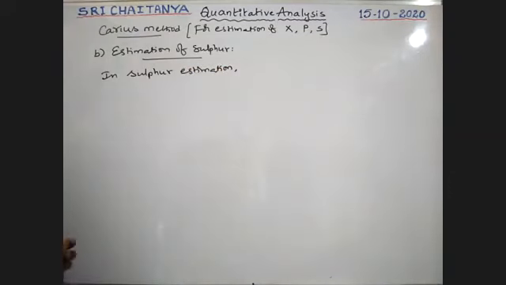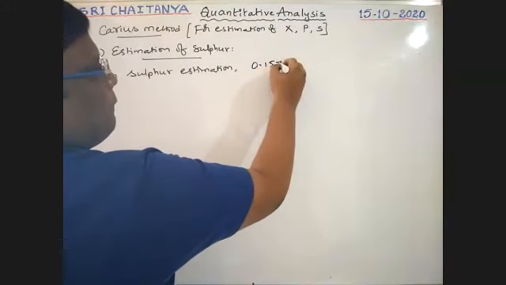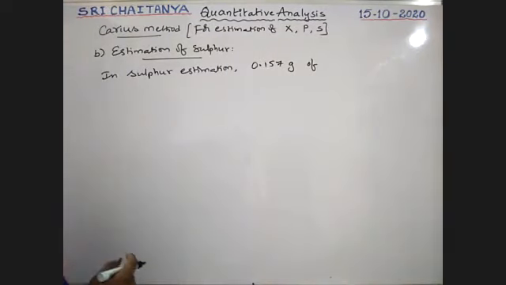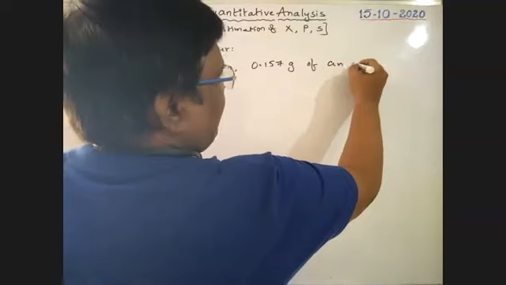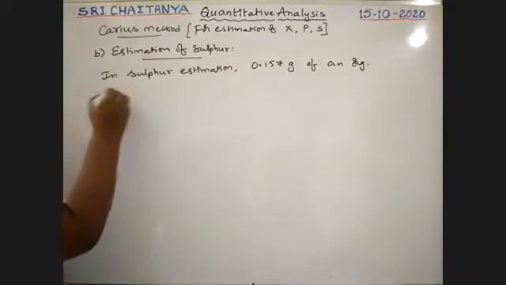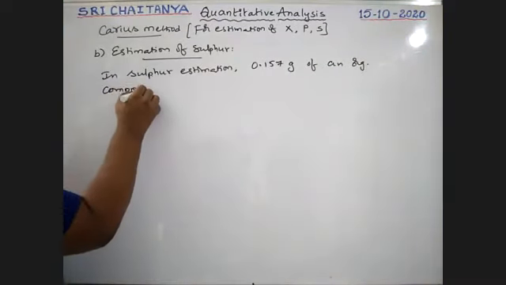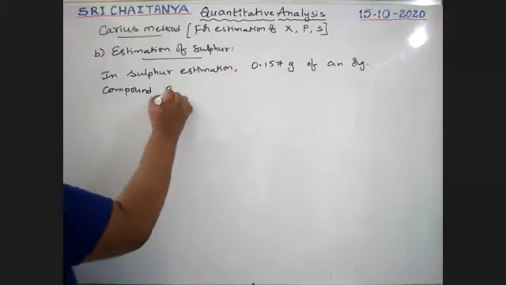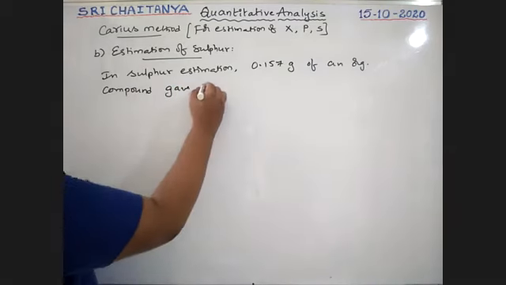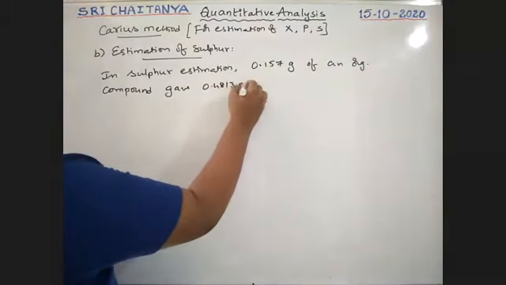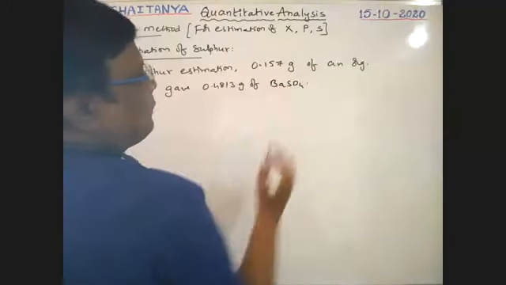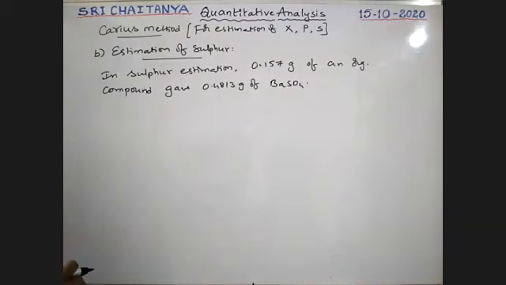In sulfur estimation, 0.157 grams of an organic compound gave 0.4813 grams of barium sulfate.